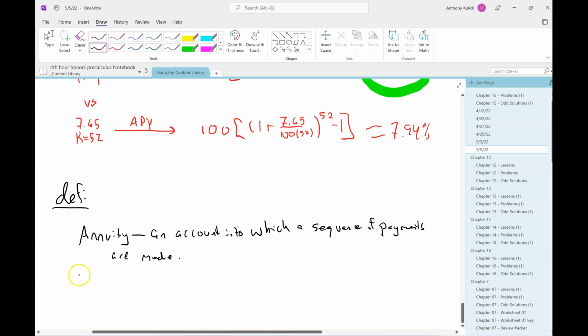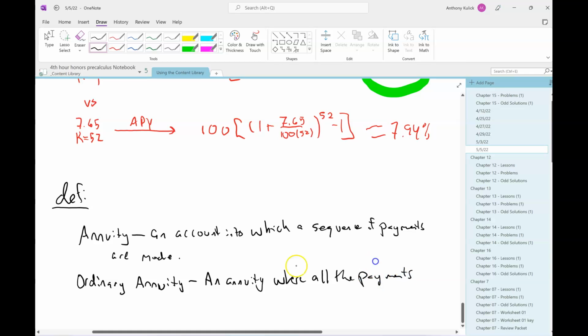And we say we have an ordinary annuity, let's just say that's an annuity where all the payments are the same size.